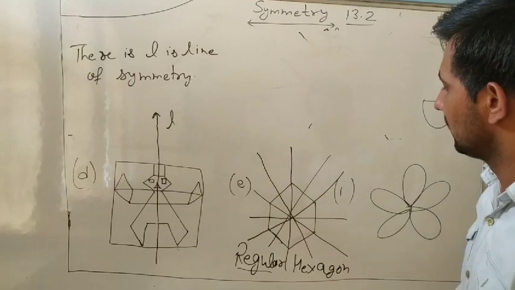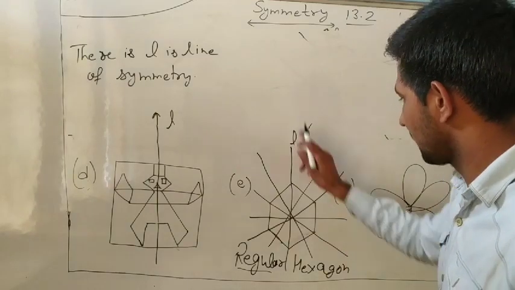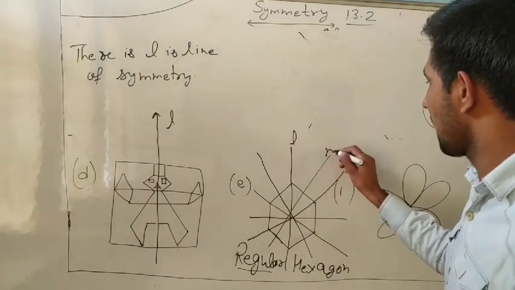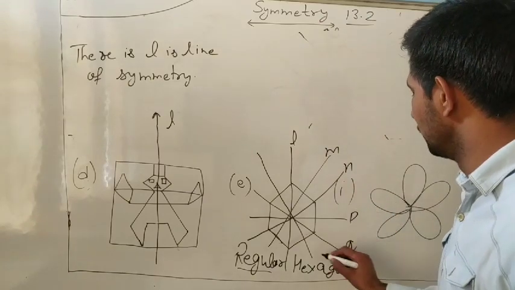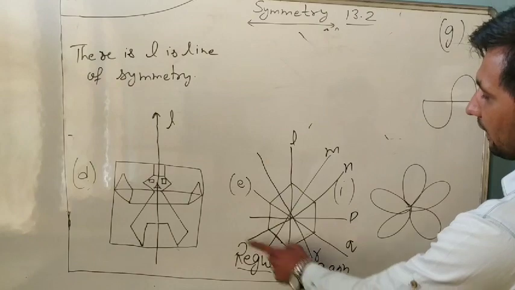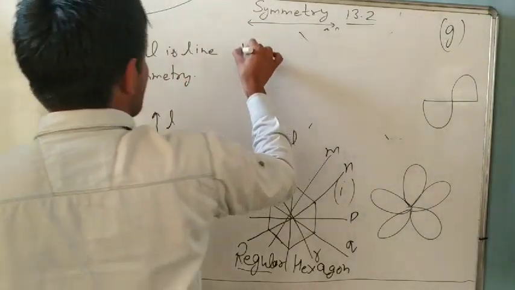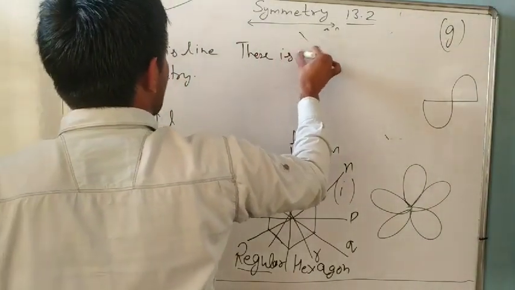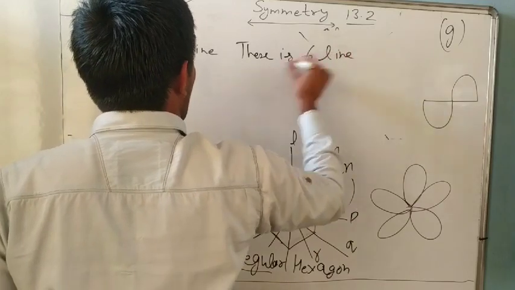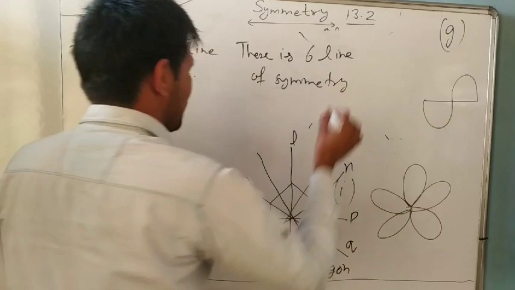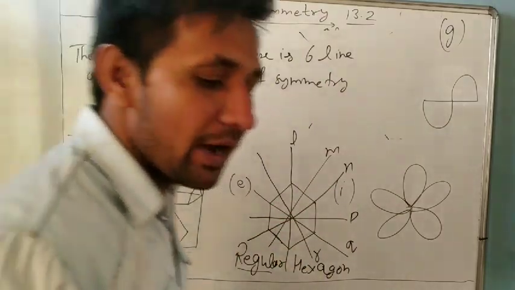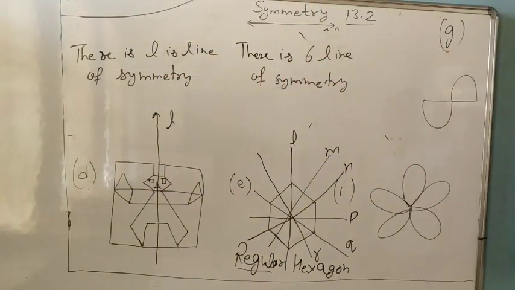So there is L, M, N, P, Q, R. So how many? There are 6 lines of symmetry in a regular hexagon. Understand it?